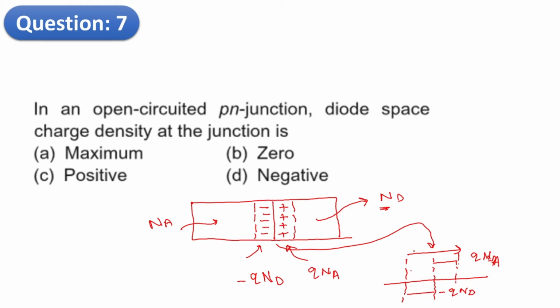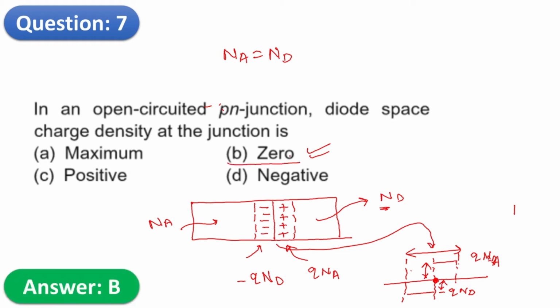Okay, it will be 0 because suppose NA equal to ND. Okay, so this amount and this amount are equal. That's why the total or resultant charge density will be 0. Okay, so option B is the right answer.